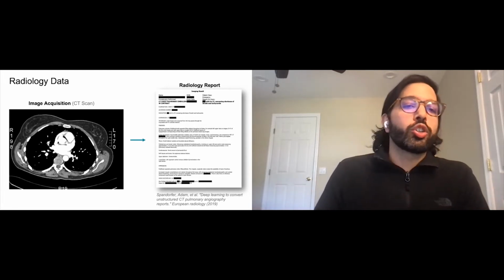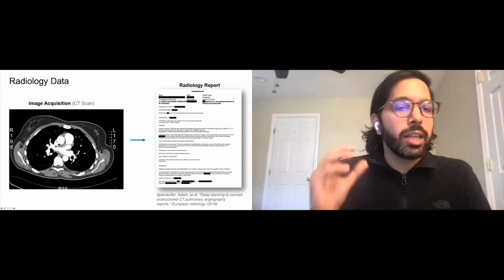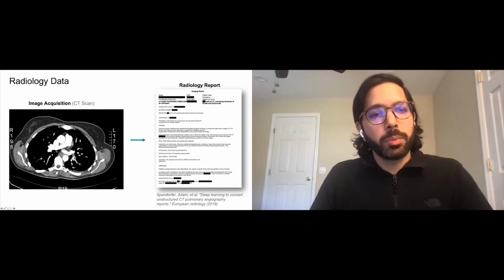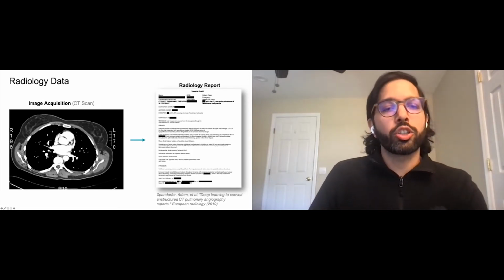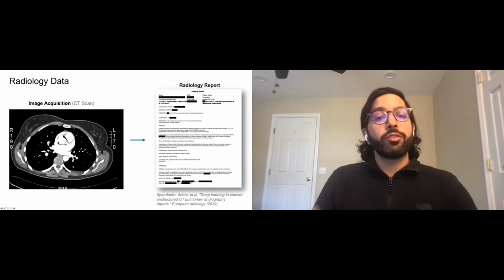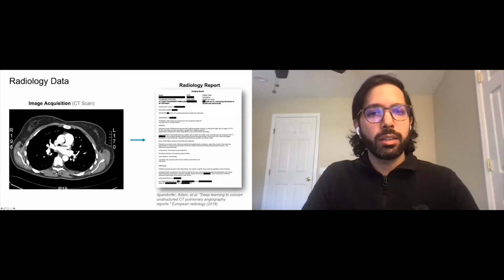Or you could directly annotate pixels with almost like a paintbrush tool in the imaging acquisition itself, and perhaps you then train a segmentation model or an object detection model where you're directly looking for that pathology in pixels.